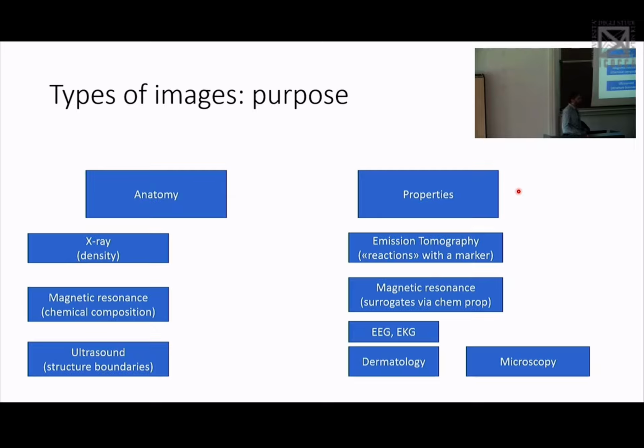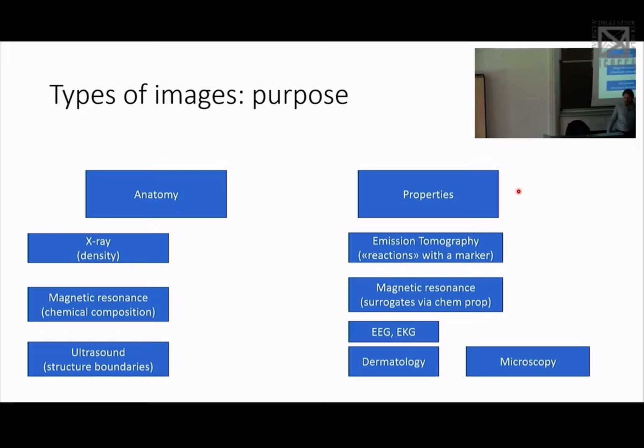Magnetic resonance shows boundaries. Again, it's sensitive to chemical composition. If you take a look at a joint, you have a ligament, a bone, and the muscle, which all have different chemical composition. So you see edges with all the regions. So you see if the ligament is intact or it is broken. Ultrasound is sensitive to boundaries because sound waves reflect.